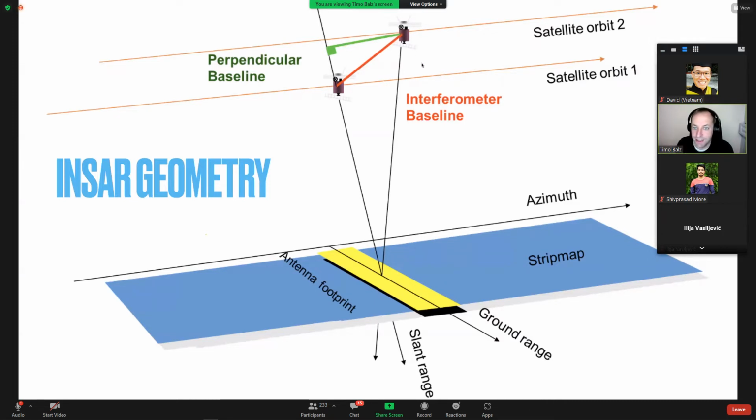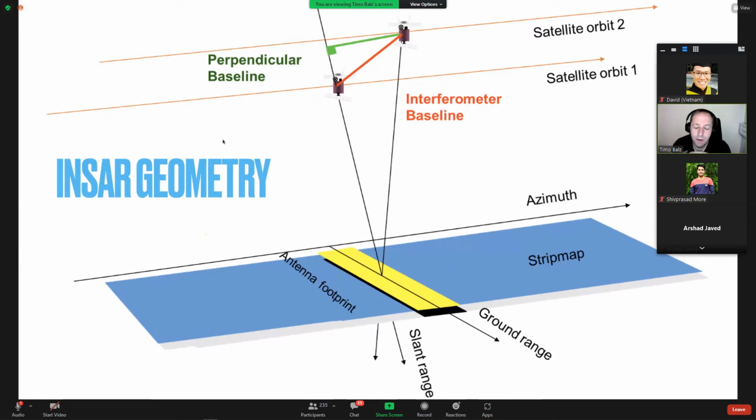The original distance between the two would be the interferometer baseline, but the value we need for calculations is the perpendicular baseline. That's very important for you. In interferometry, we very often talk about baselines. The perpendicular baseline is the spatial distance between the two.